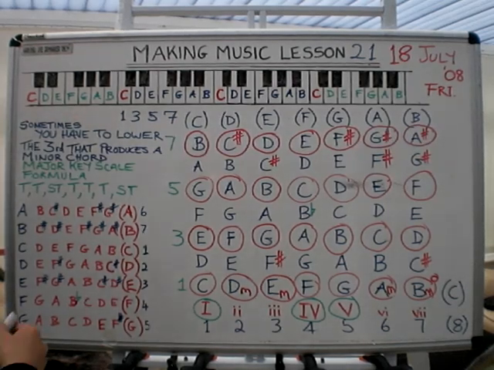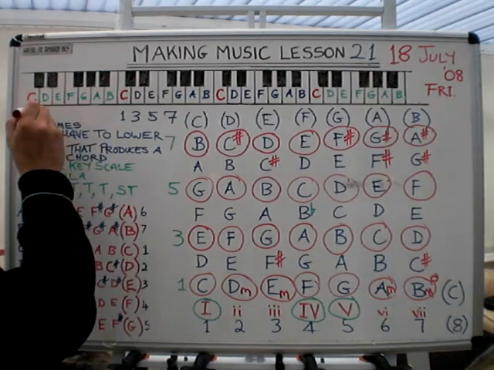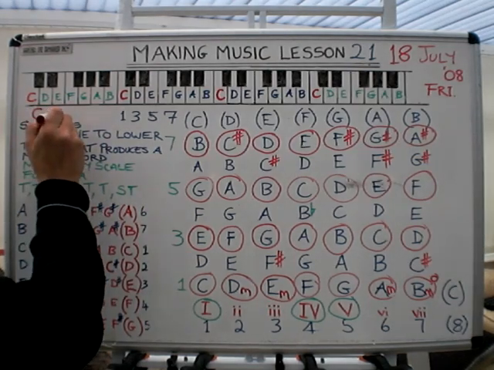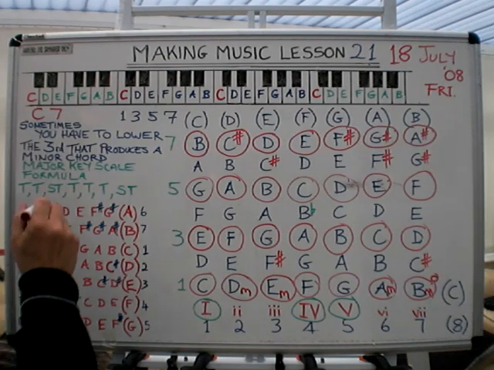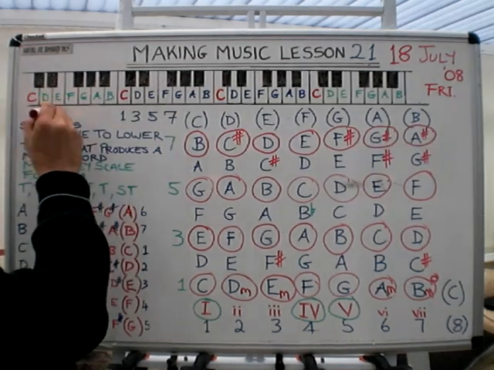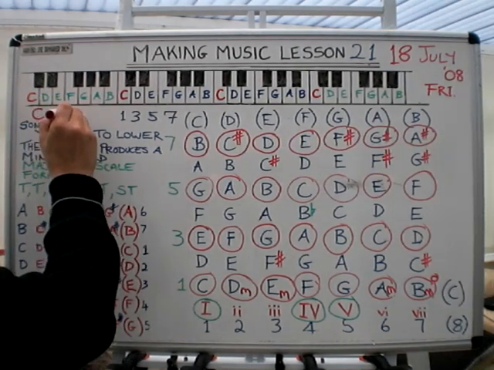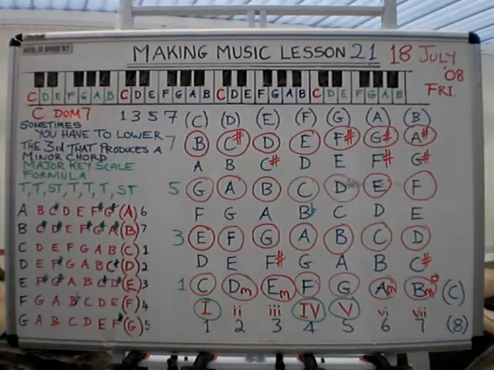Now sometimes, going back to the C, you might just see C7. That means we might see C dominant 7th, C dom 7th, same thing.